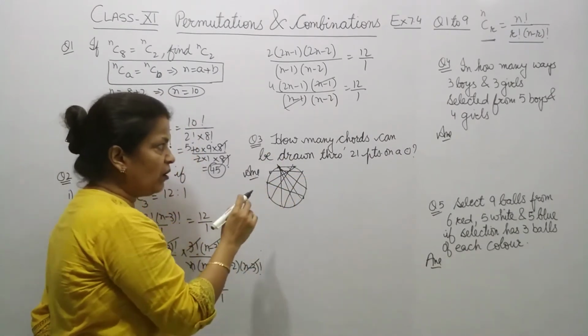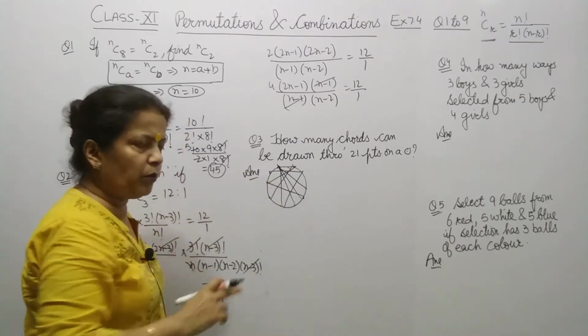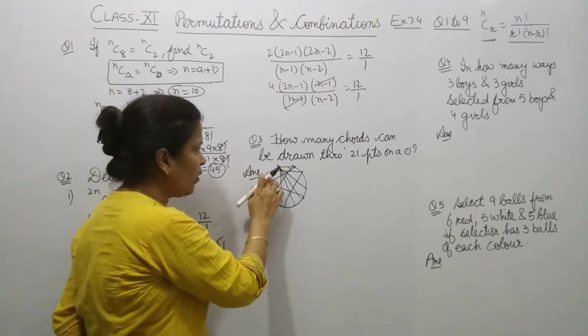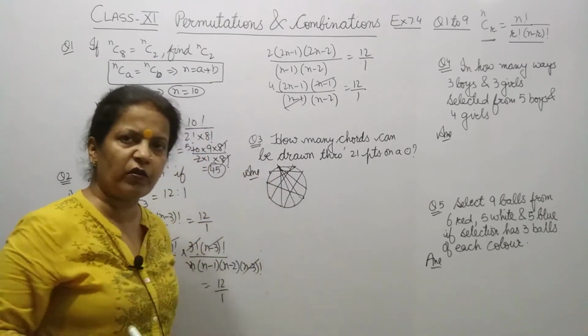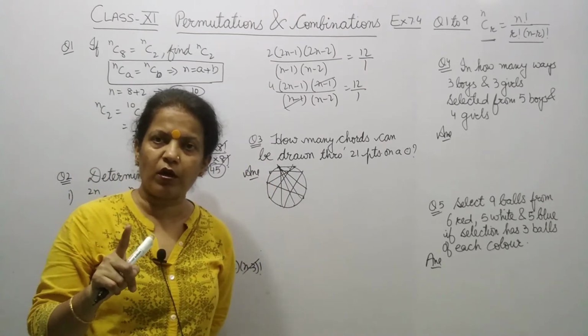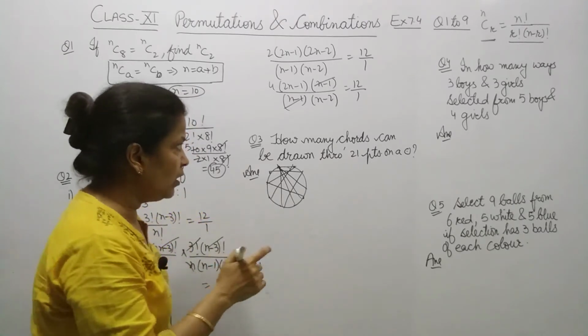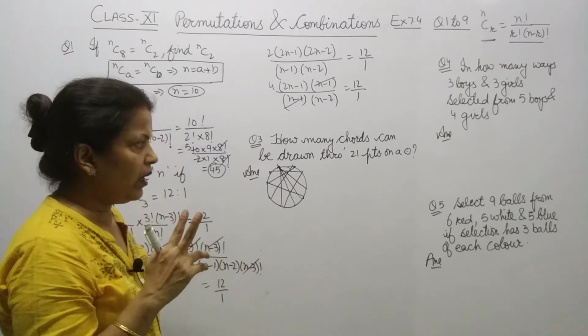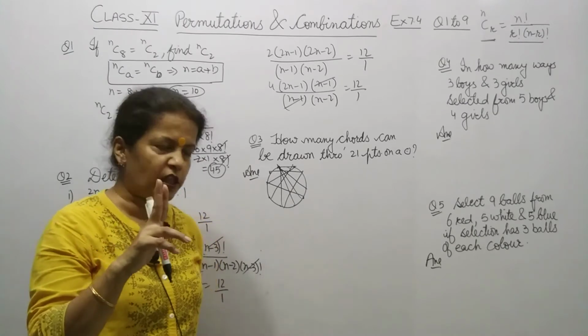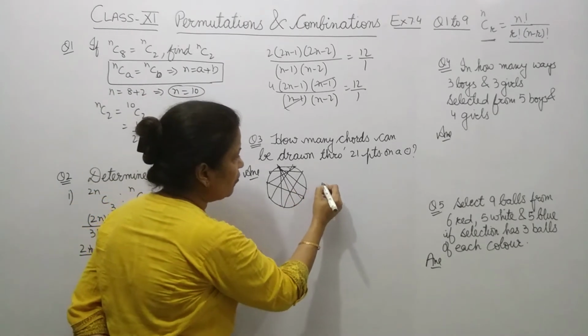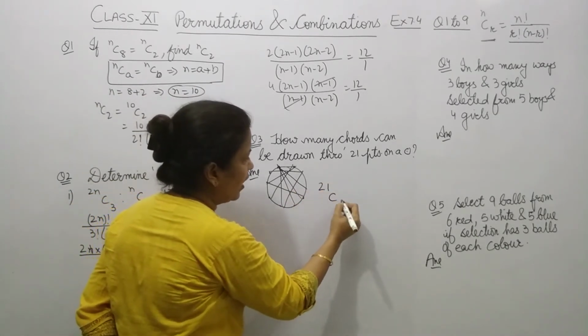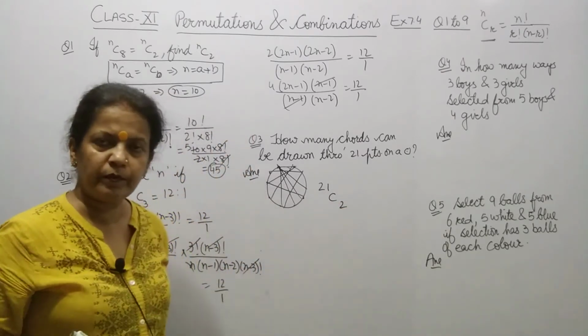If you observe, out of 21 points on the circumference of a circle, to make a chord we have to choose 2 points, isn't it? So out of 21, we are selecting 2.